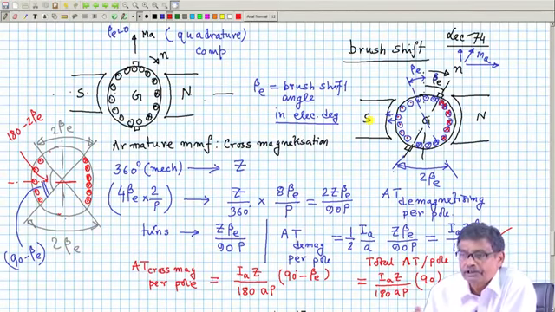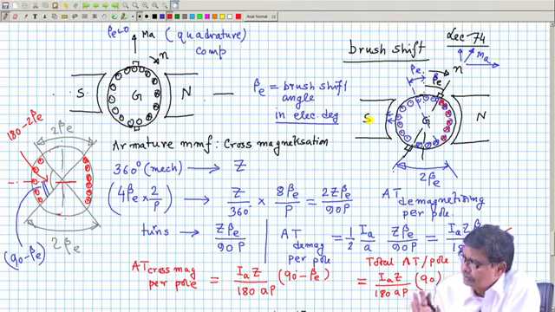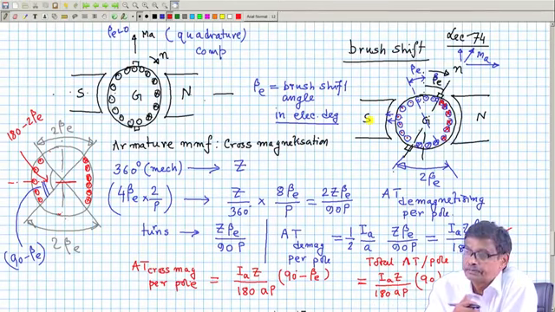So, compensating winding may be used, or in some machines, compound machines, where there will be, apart from series field, some shunt field, there will be an additional field, and that will also try to nullify that. We will come to the compound machine later, but what I am telling, we have learned how to calculate how much, with a brush shift, is the cross magnetizing ampere turns per pole and how much is the demagnetizing ampere turns for a small brush shift angle.